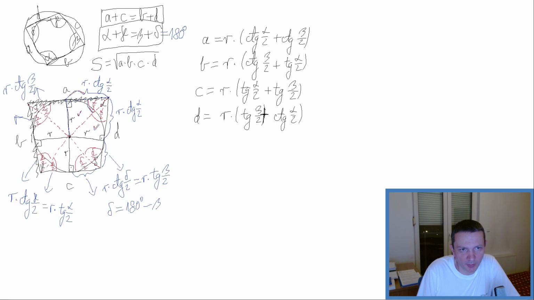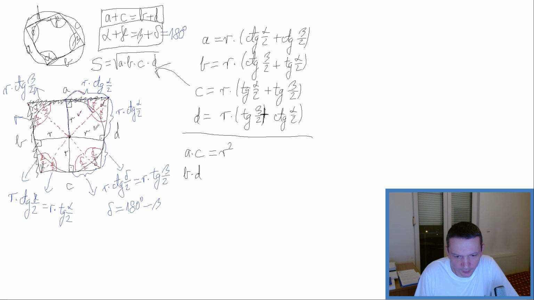And now we will try to multiply all this to connect with this expression here, but for simplicity I shall multiply A times C and B times D. A times C is r squared.